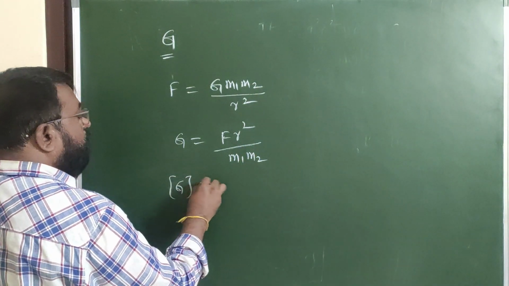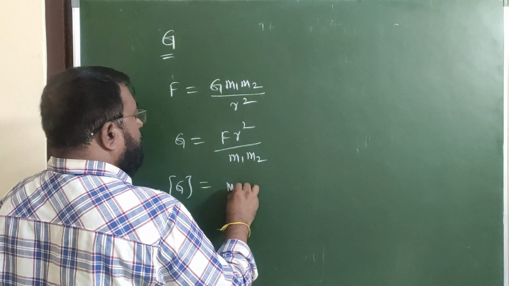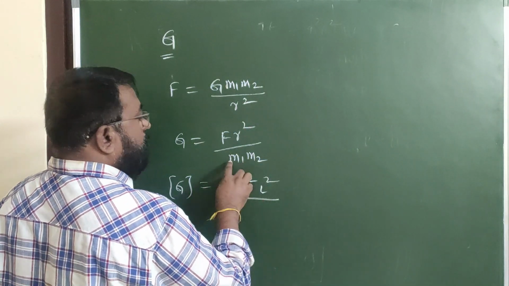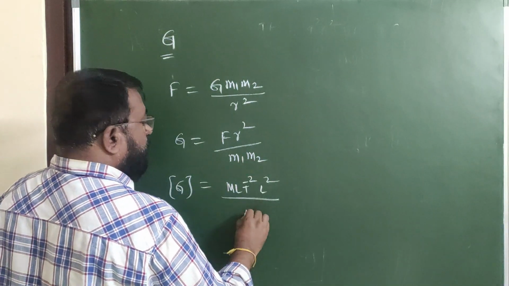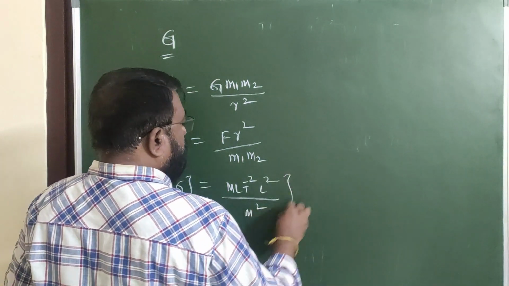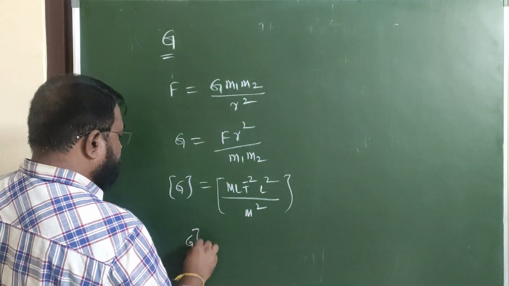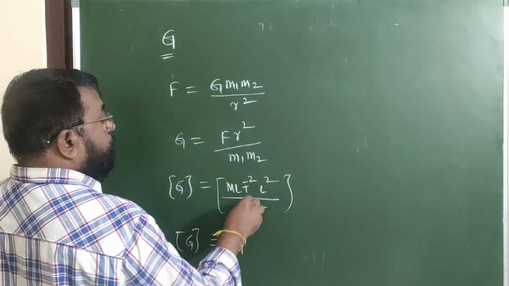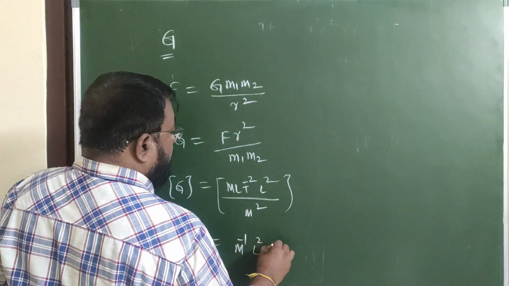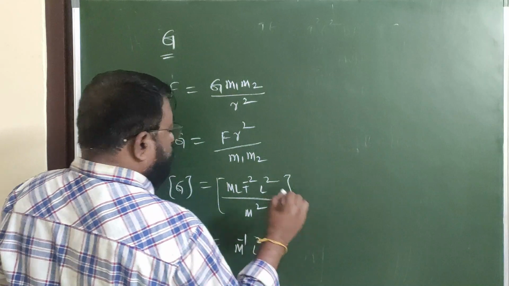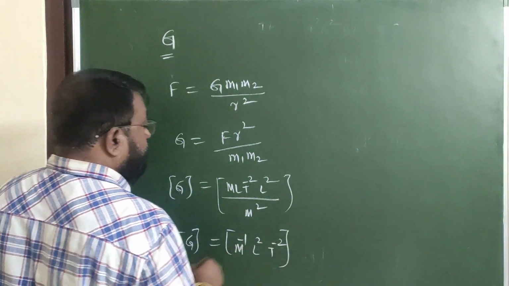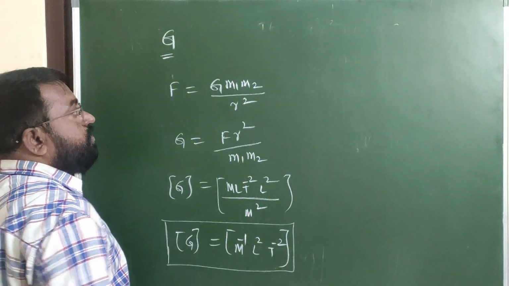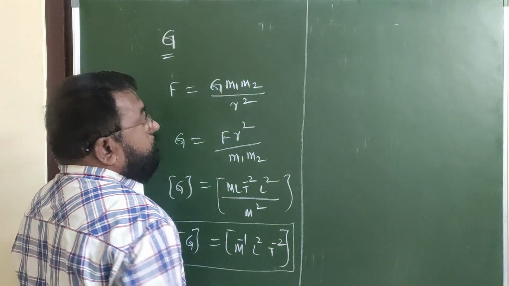Therefore, its dimensional formula: force M L T to the power of minus 2, this is L square, both are the masses M square. Therefore, this becomes M to the power of minus 1 L cube T to the power of minus 2. This is the dimensional formula for universal gravitational constant. Like that.